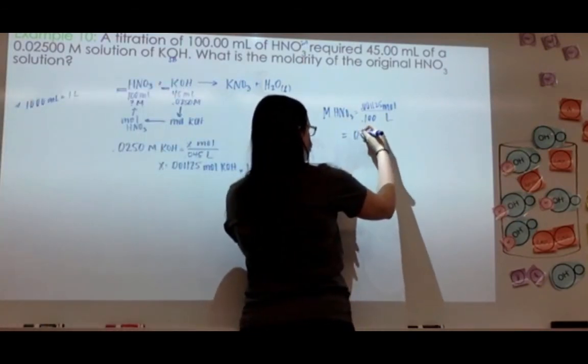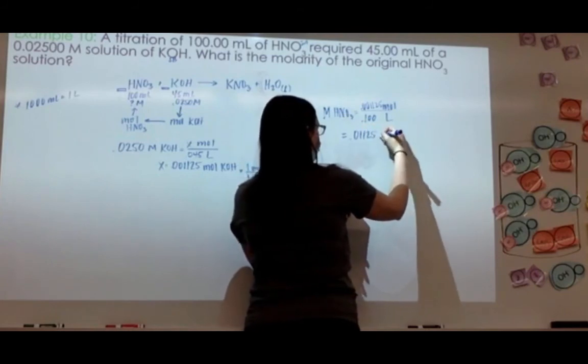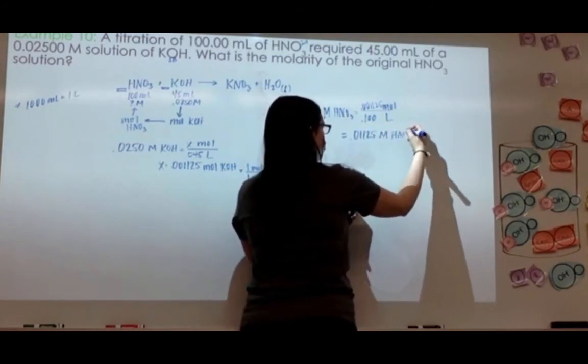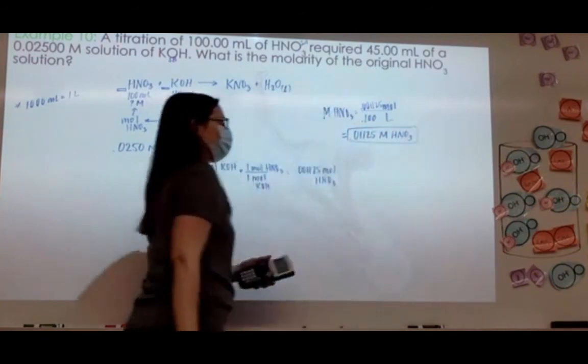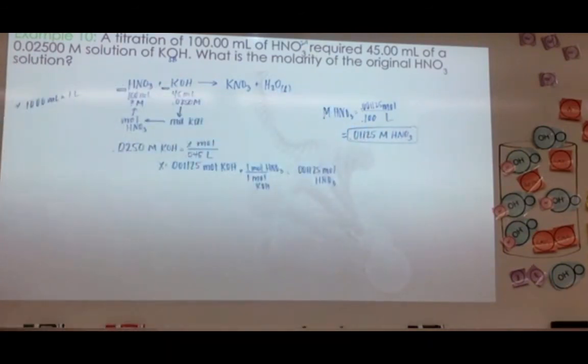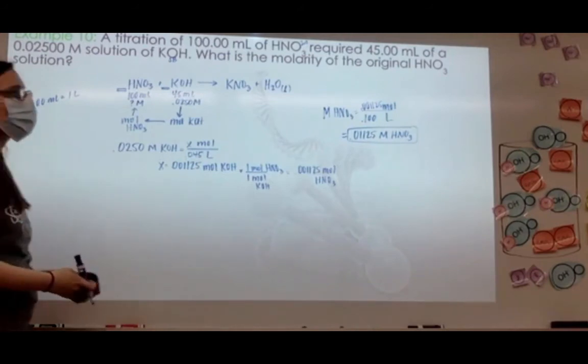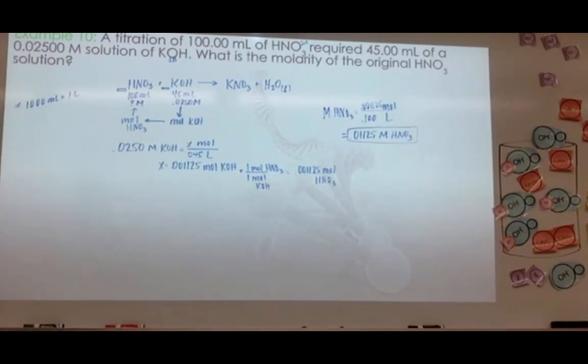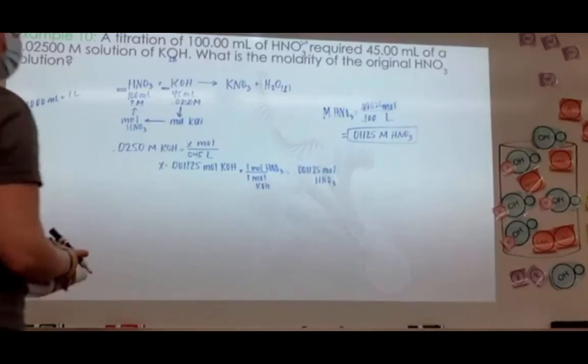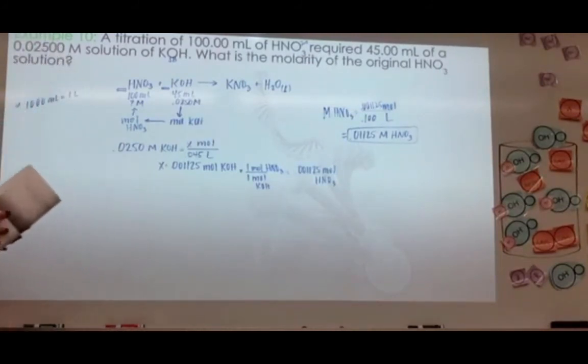So that's 0.01125 molar HNO3. So strong acid, strong base is nothing more than stoichiometry. Right, just a stoichiometry problem.